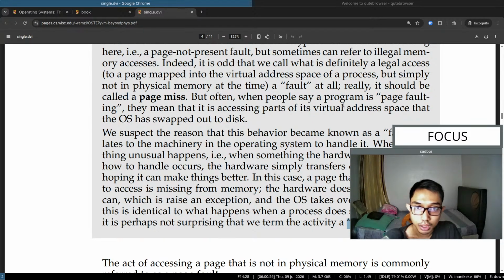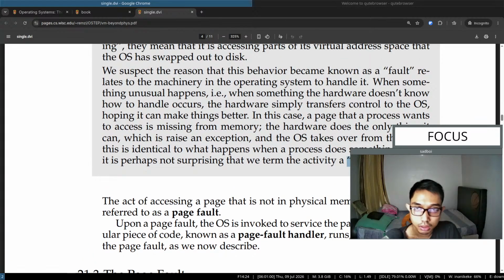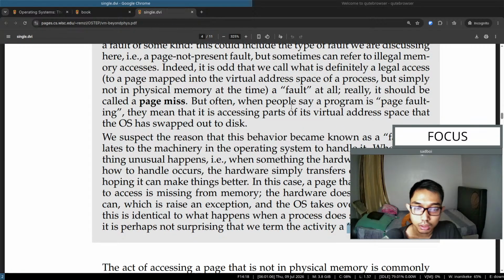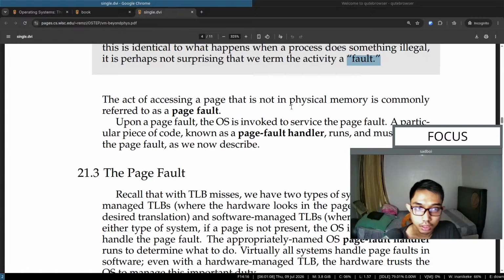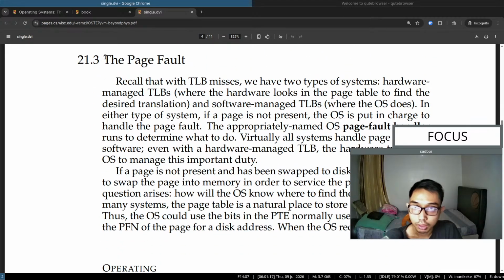The page is not in memory but supposed to be allocated, or the page is not allocated at all. Maybe something like that. Okay, the page fault.